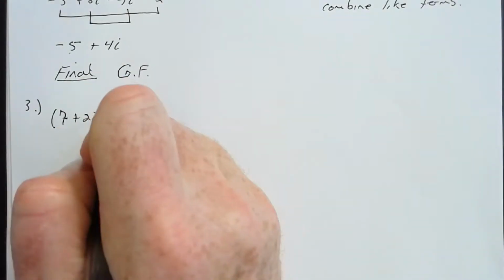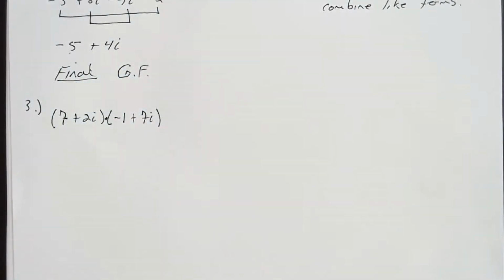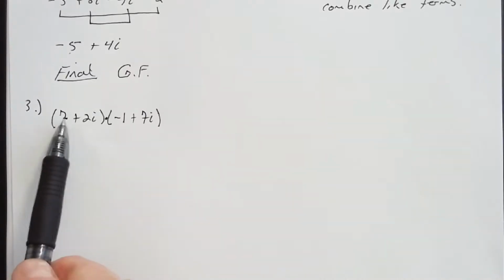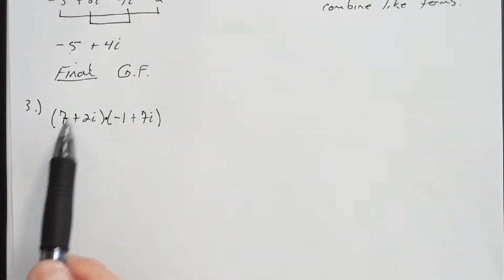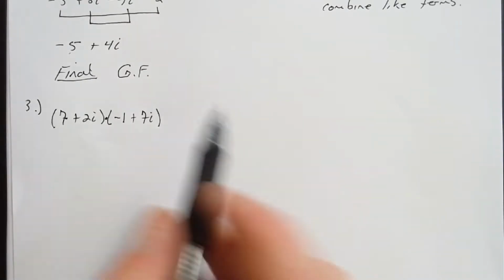Okay, so we have the product of two binomials. They're binomials because each of these imaginary numbers contains two terms. And so we have the product of two binomials.